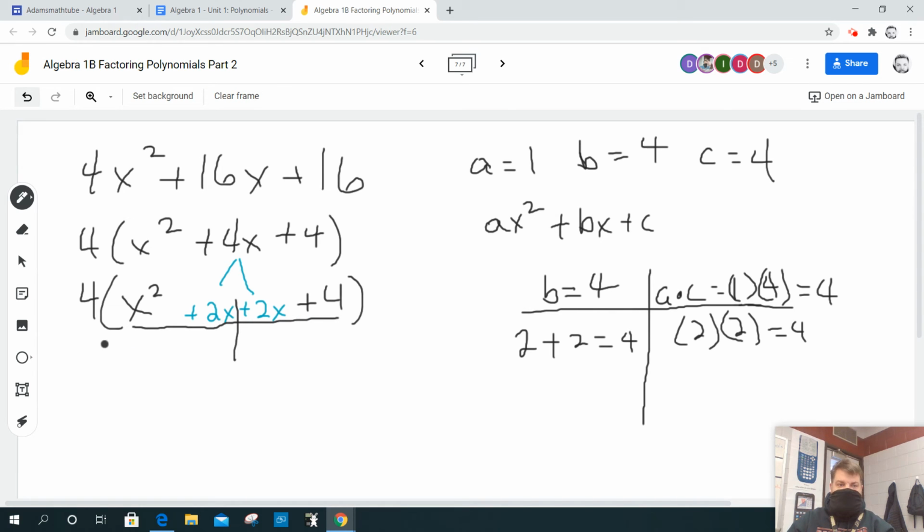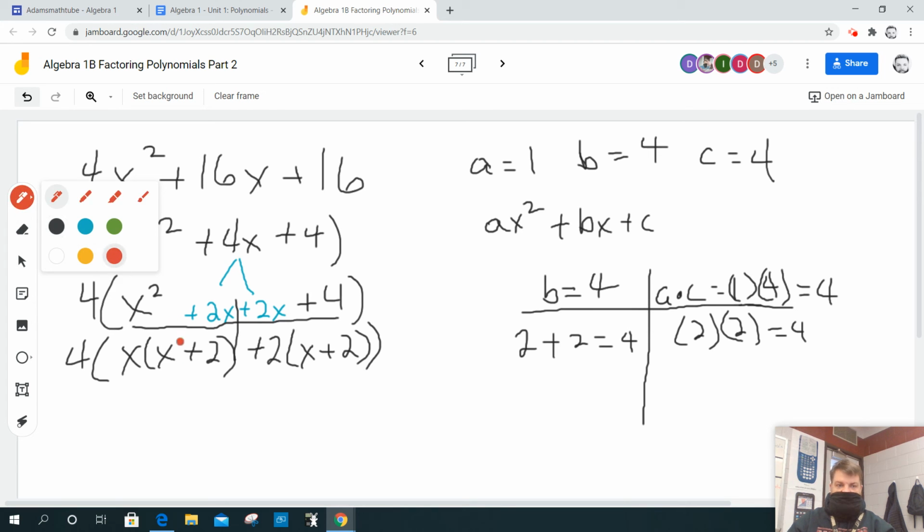So the greatest common factor, believe it or not, is just x. X times x gives me x squared. X times 2 gives me positive 2x. Now over here, I'm going to factor out a positive 2, and guess what? That gives me x plus 2 in the parentheses. That's no accident.